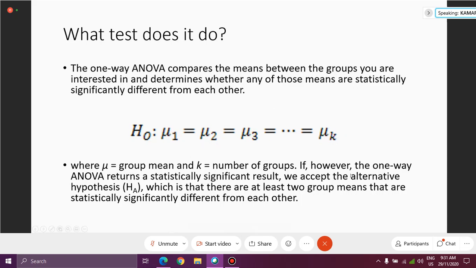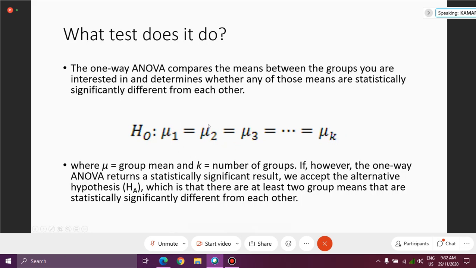So the null hypothesis says that all the groups have the same means. So the mean of BMI for Malay is similar to Chinese.